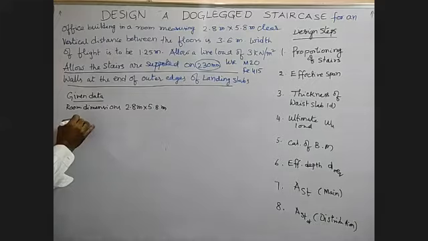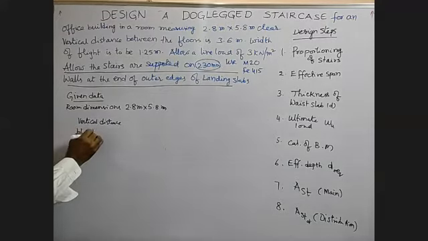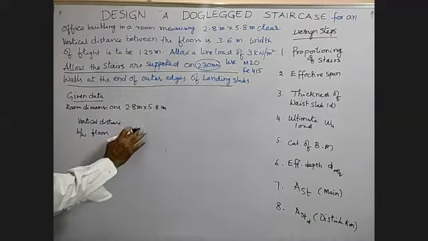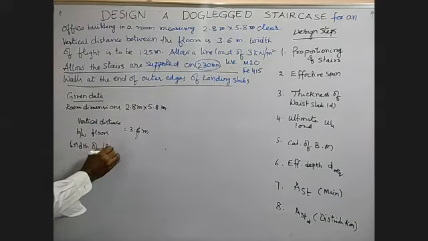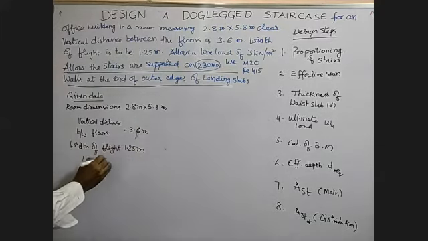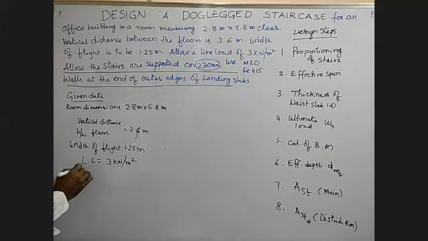The vertical distance between floors is equal to 3.6 meters. Width of flight is equal to 1.25 meters. Live load is equal to 3 kilonewton per meter square. FCK is equal to 20. Fy is equal to 415.